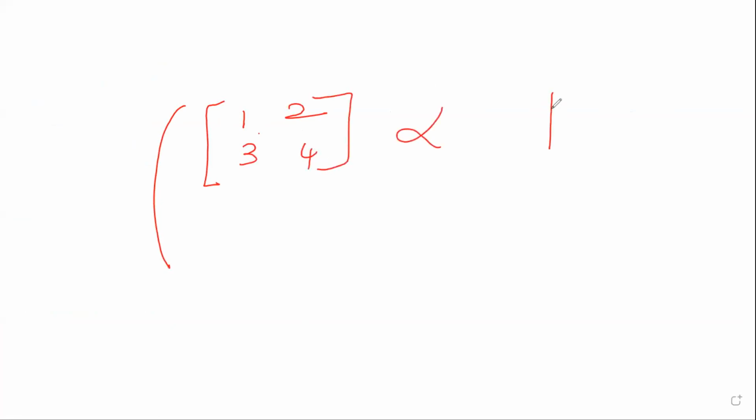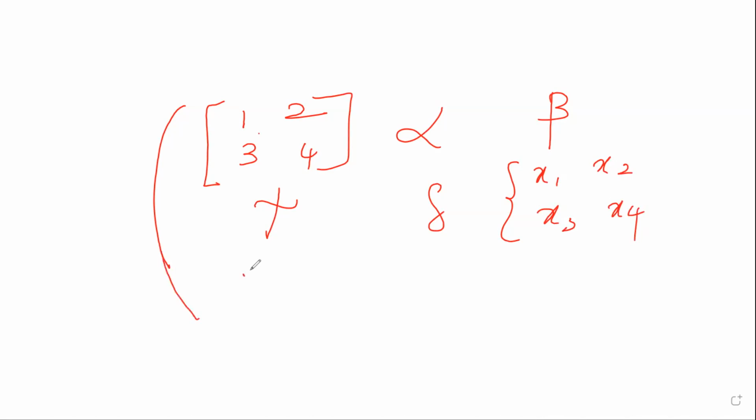Now I want to perform the array is like 1, 2, 3, 4. Next, this is alpha and this is beta. And delta is x1, x2, and then x3, x4.